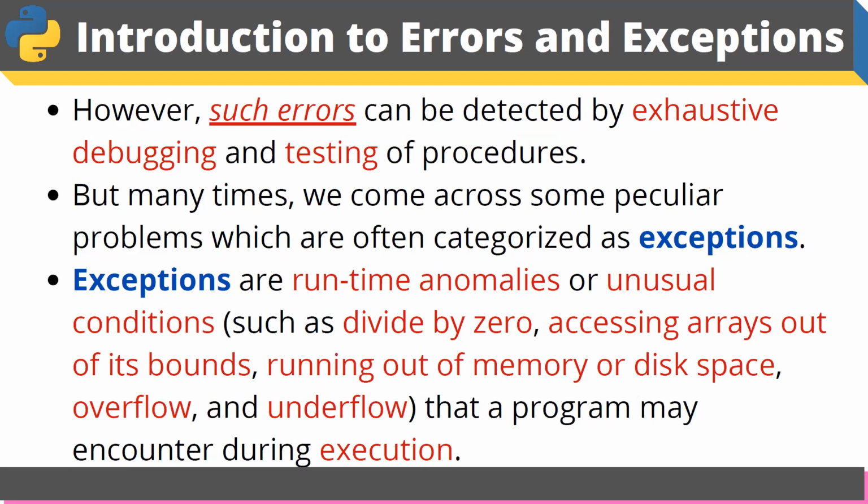But many times we come across some peculiar problems which are often categorized as exceptions. These exceptions are runtime anomalies or unusual conditions such as divide by zero, accessing arrays out of bounds, running out of memory, or disk overflow and underflow. These are all examples of unusual conditions that occur at runtime that a program may encounter during its execution.